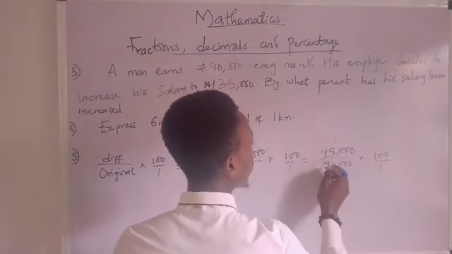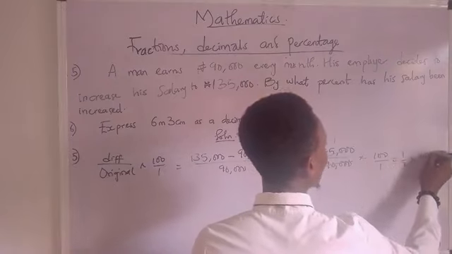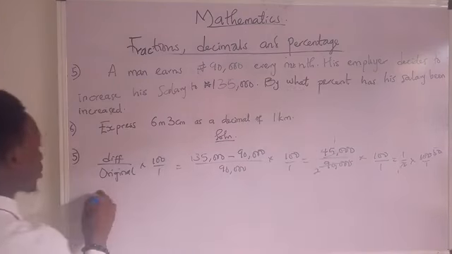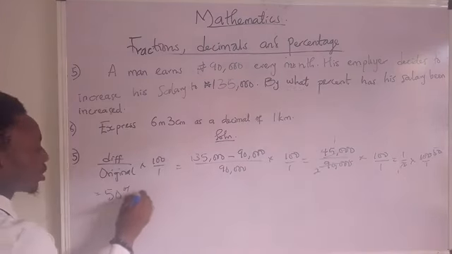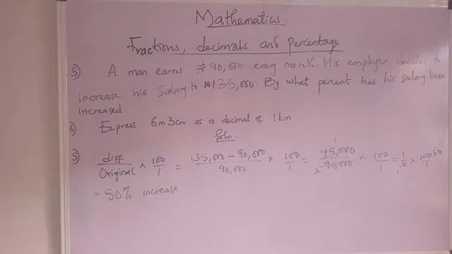Now 45,000 here, this will give you 1 over 2 times 100 over 1. 2 here 1, 2 here 50. This is actually a 50% increase. So it's a 50% increase in salary.